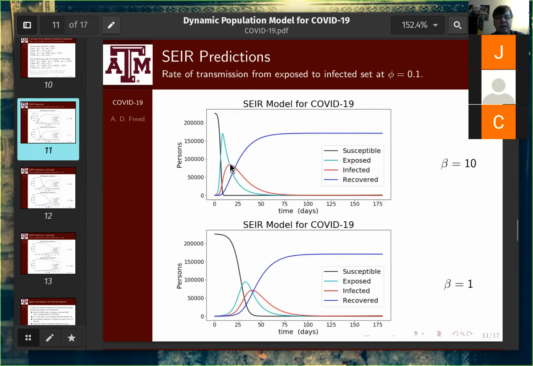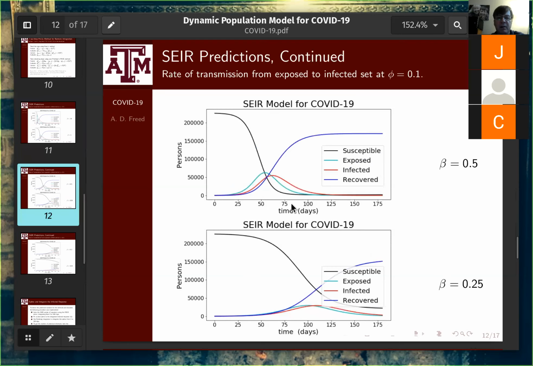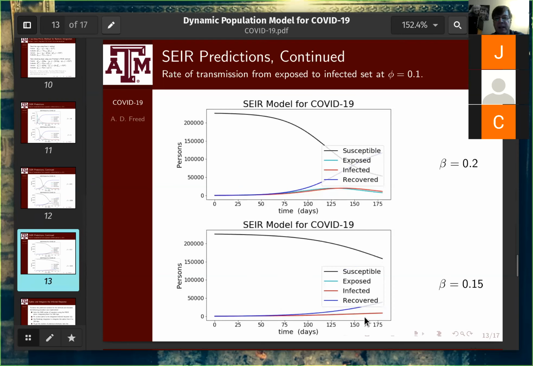So here the peak is high and it's not very flat, it's pointed. Here it's less high, but still pretty pointed. Here it's diminishing and it's diminishing until you're basically getting something that hardly looks like it's touching at all.